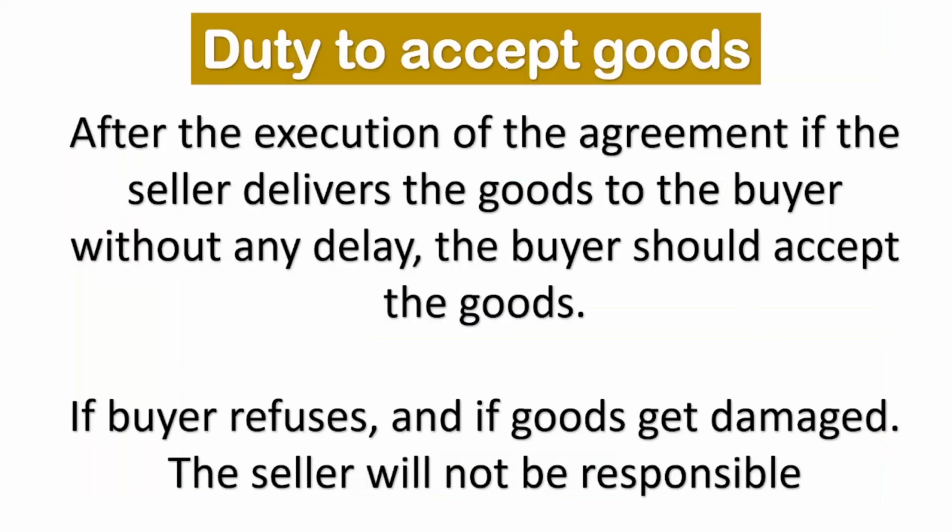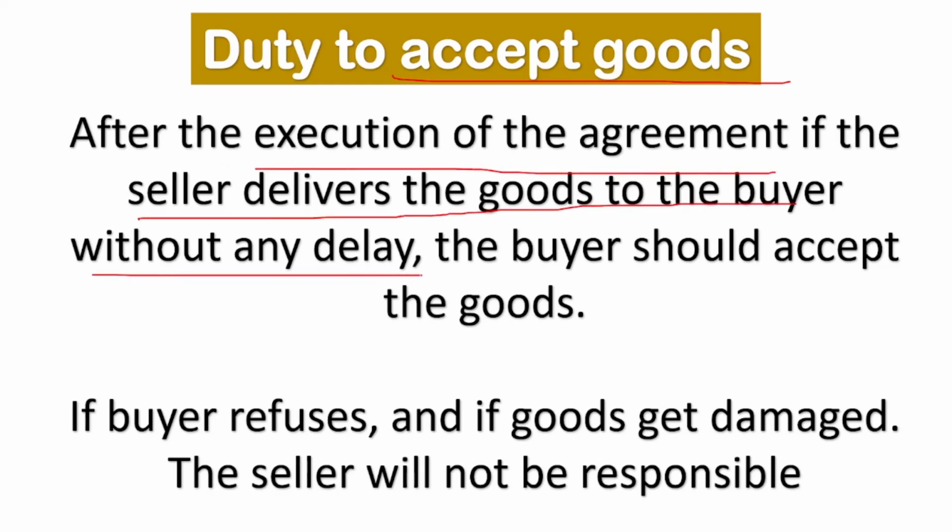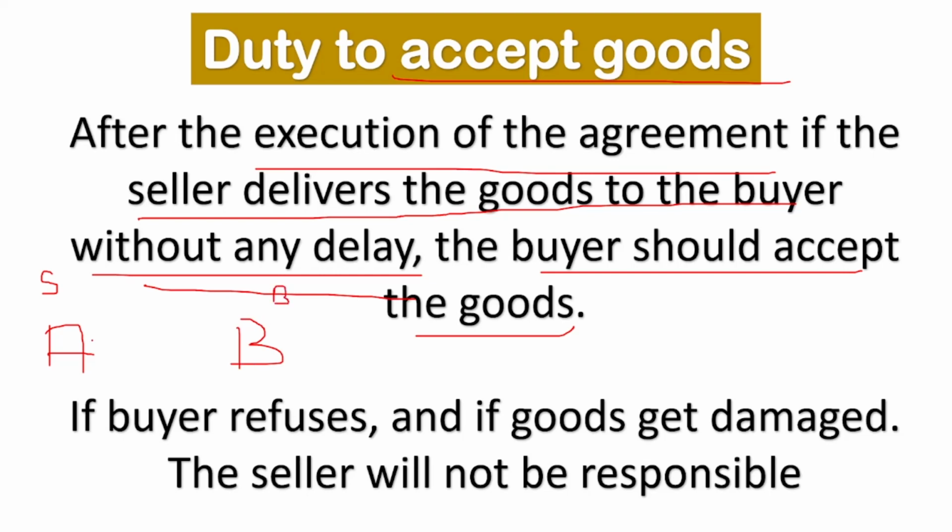First one is duty to accept the goods. After the execution of the agreement, if the seller delivers the goods to the buyer without any delay, the buyer should accept the goods. Now, A is a seller, and B is the buyer. Between them, there is a contract of sale.